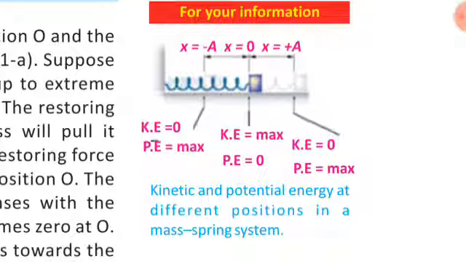And at extreme position the kinetic energy will be 0 because the body stops for some seconds to return to the previous position, and the potential energy will be maximum because of the change of position. We can write the displacement at point O as x equal to 0, at point A it will be positive, and at the other one it will be minus a because of the restoring force.